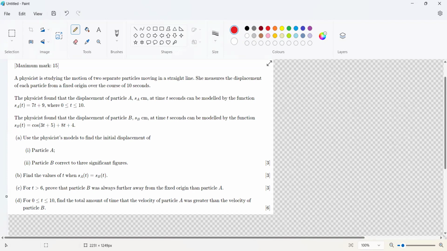Initial displacement. How to obtain the initial displacement? Initial displacement of any particle comes when we put t is equal to 0. Are you getting this? Yeah.